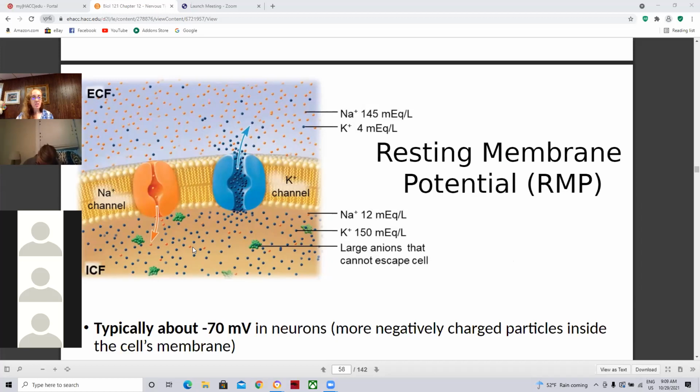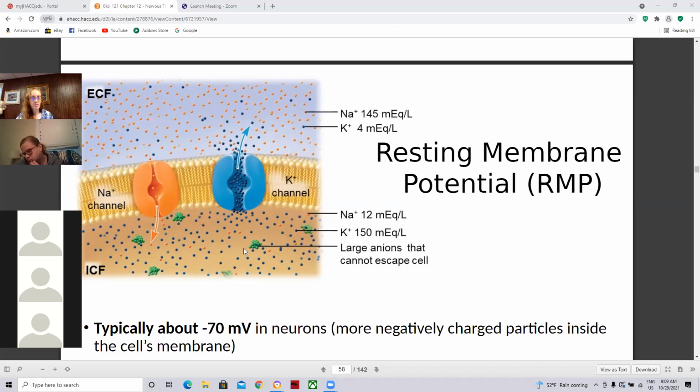So the inside of the cell is about 70 millivolts more negative than the outside. Potassium has a much higher concentration inside the cell. Sodium has a much higher concentration outside of the cell. And a lot of negatively charged proteins are confined within the cell.